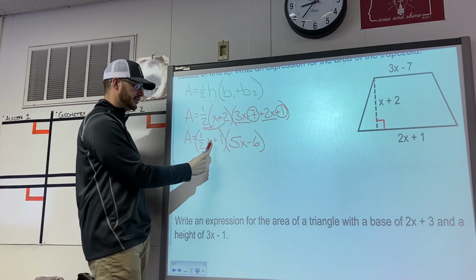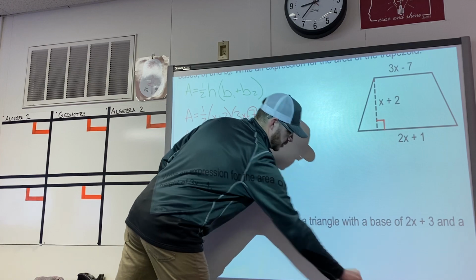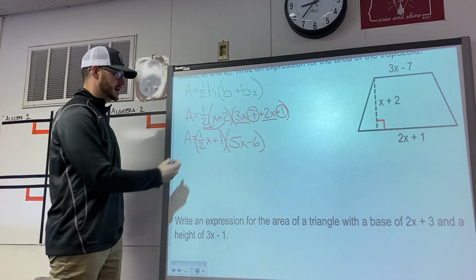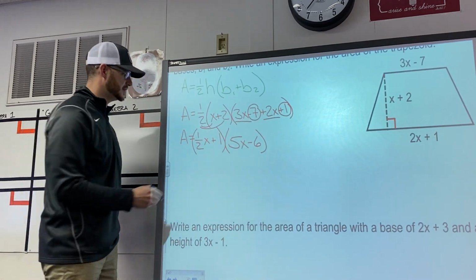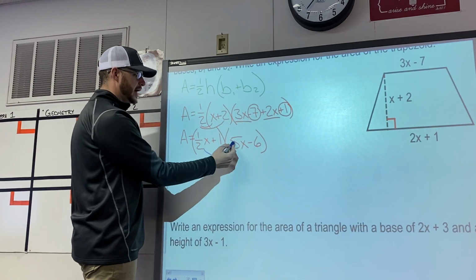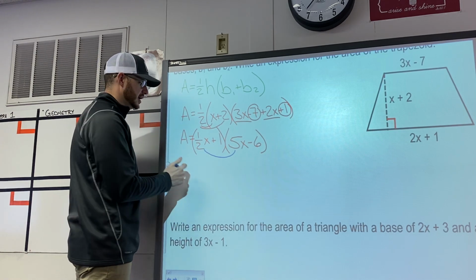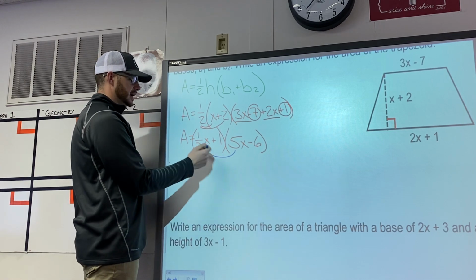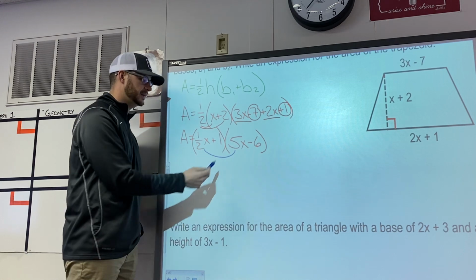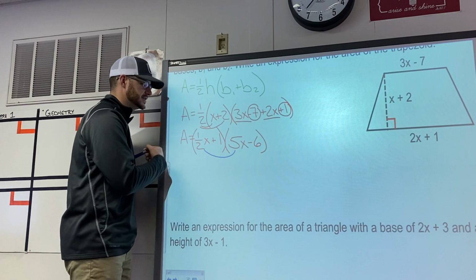So now you see we've got two binomials. We're going to go back to what we were doing on that last slide, and we need to multiply these together using the FOIL method. So I'm going to do my first terms, 1/2 times 5. I'll write that for now as an improper fraction. Remember, anytime you do a fraction times a whole number, you just multiply the whole number by the numerator. Denominator stays the same.